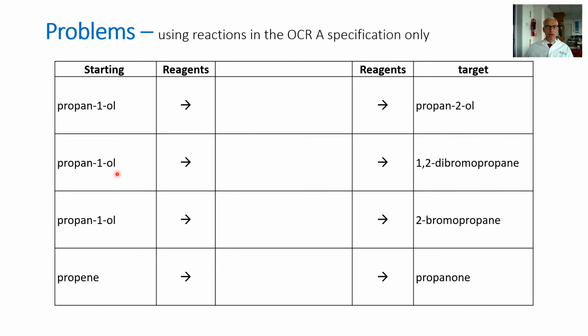So for all 4 examples, could you suggest an intermediate molecule and suggest reagents and conditions for each of the steps? Pause the video, work your way through, and come back when you are ready.